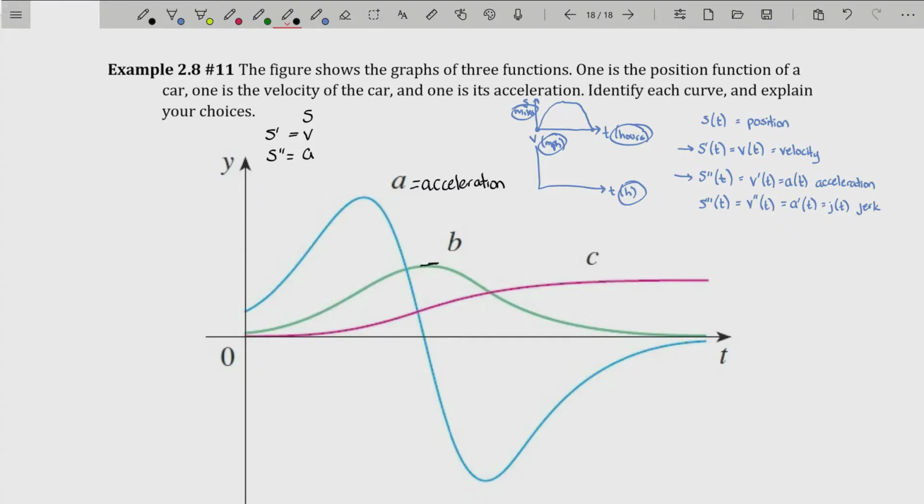Now B, if I look at this, B has a flat tangent line right there, and if it lined up perfectly, it looks like the blue curve crosses the t-axis identically when B has a horizontal tangent line. But just to verify that, let's take a look at values of B prior to that.